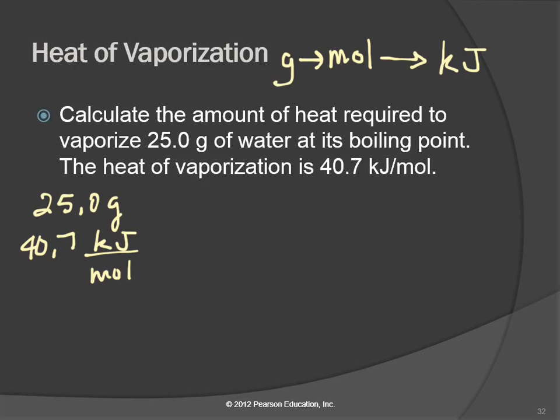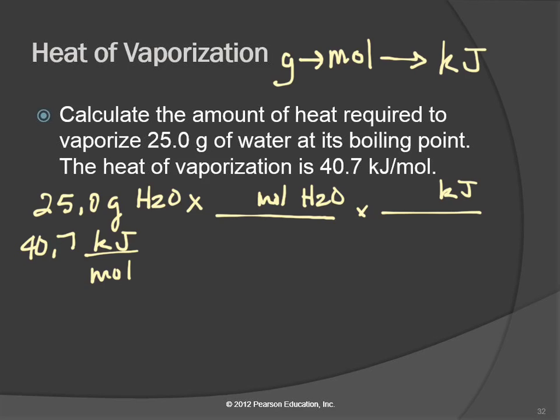So actually I'm just going to take this guy right here, 25 grams of water, and we need to convert to moles of water, and then to kilojoules. And then just following our pattern for dimensional analysis, I'm going to divide by grams here, grams of H2O.